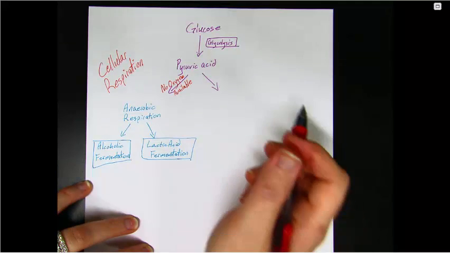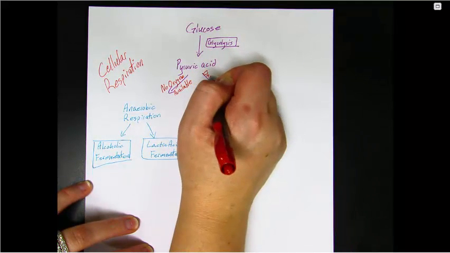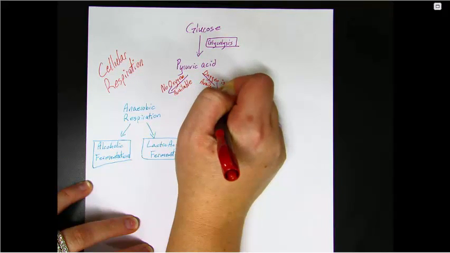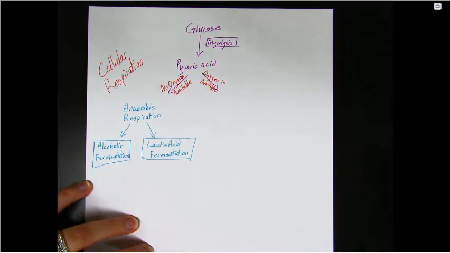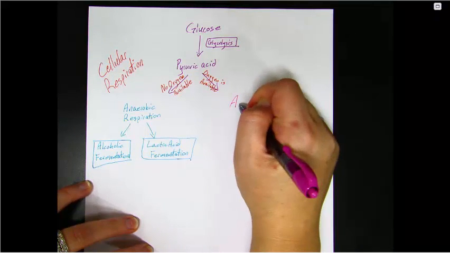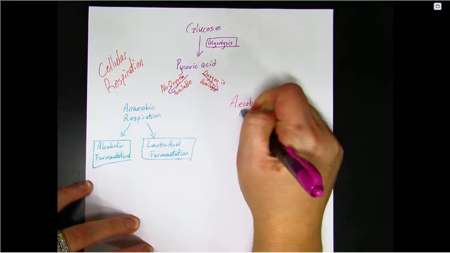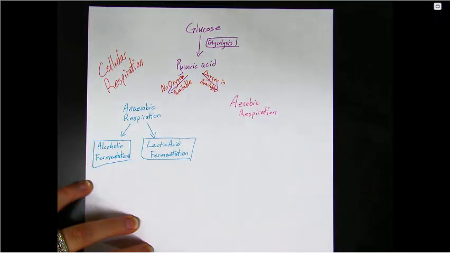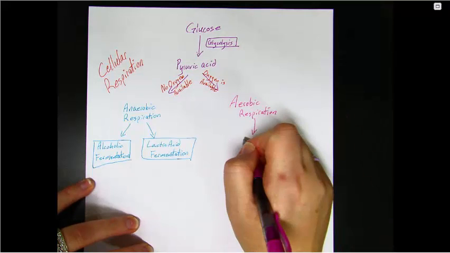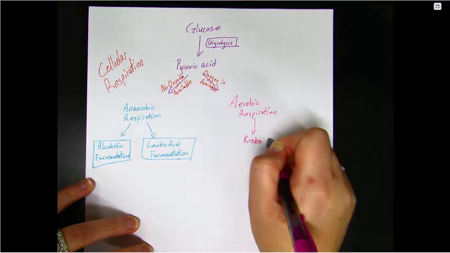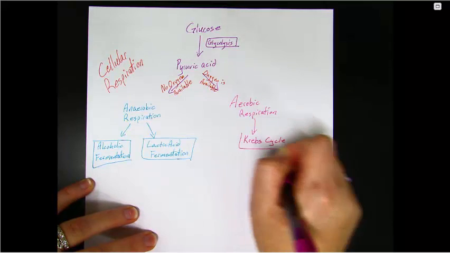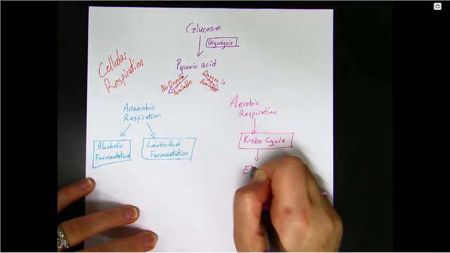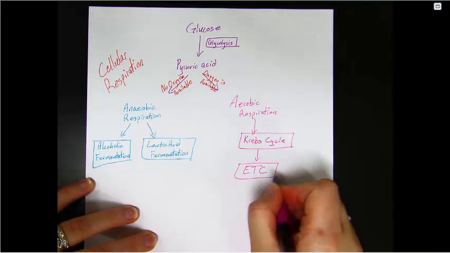If oxygen is present, we are going to go into aerobic respiration. This would start with glycolysis and then move to the Krebs cycle, and then finish off with the electron transport chain, or the ETC.